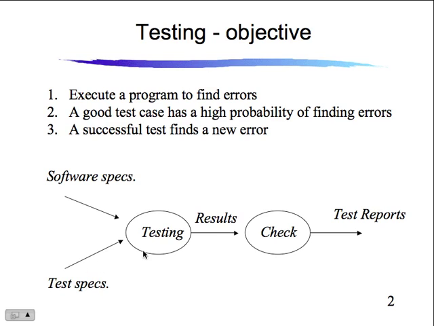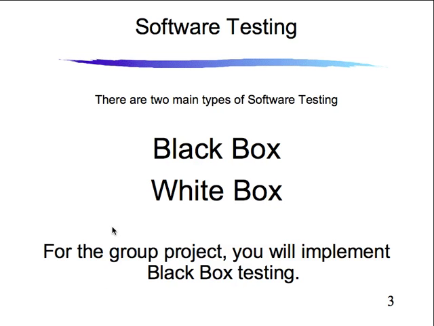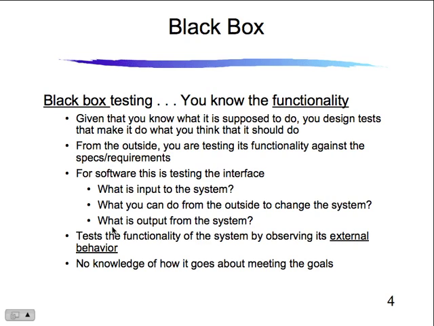And then the test specs are working with the requirements. So you're making sure that you've actually implemented all of your requirements. And you've got every feature that was asked for, that was requested for, is actually implemented. So given what you know it's supposed to do, you design tests to make sure that it's doing what it should do. From the outside, you're testing the functionality against the requirement spec.